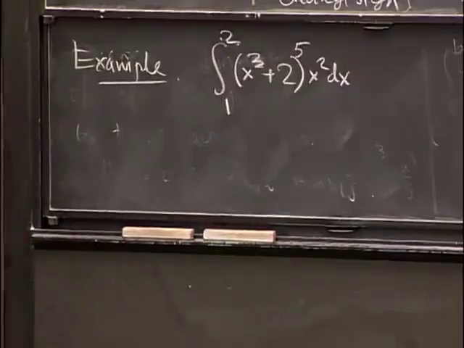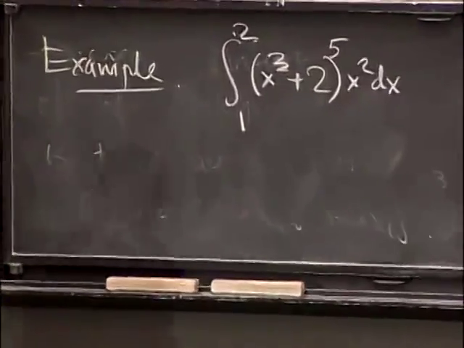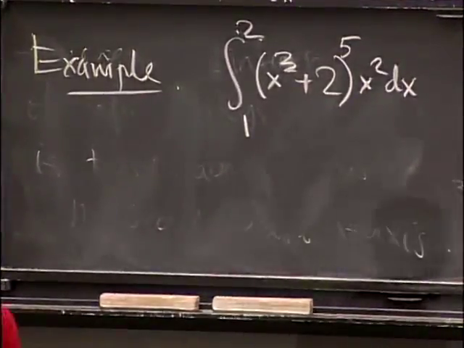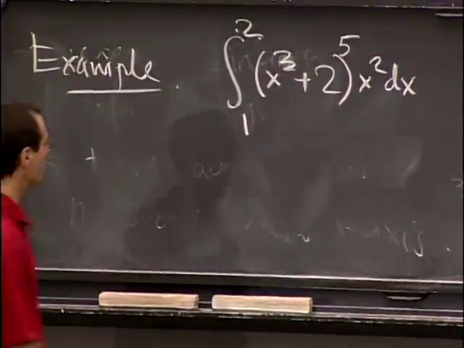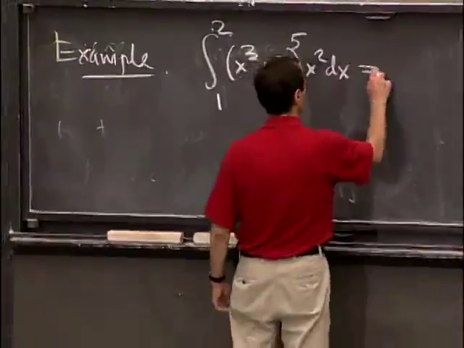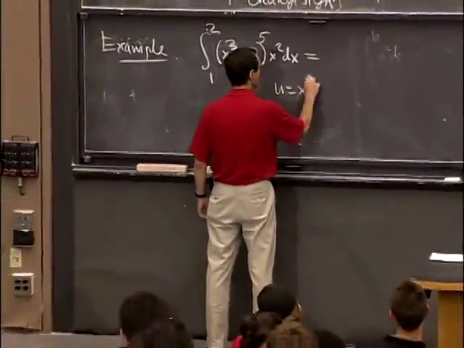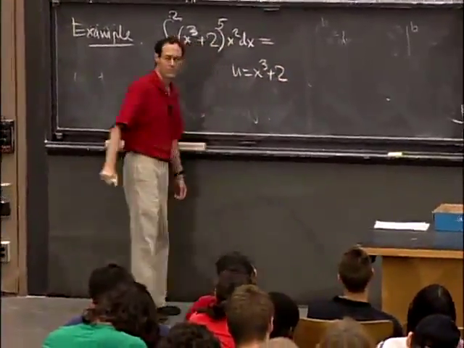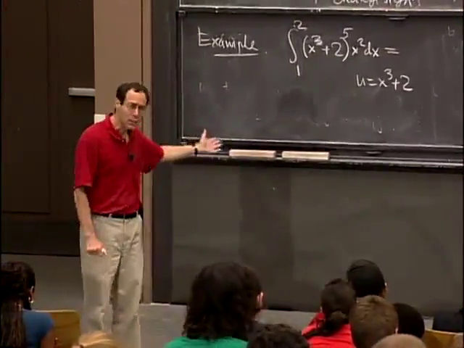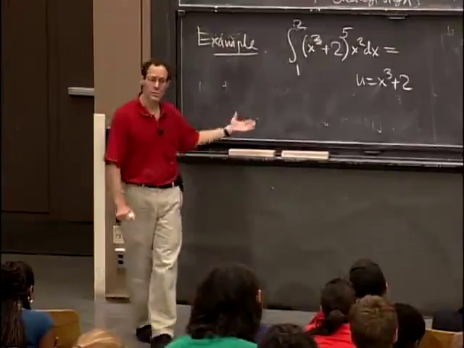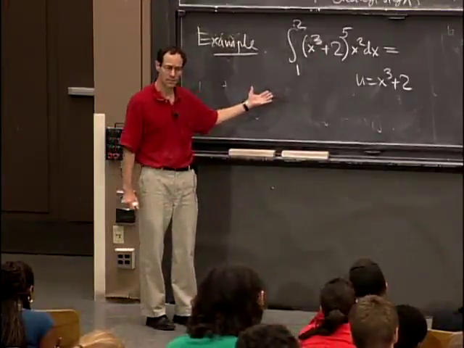This is an example of an integral that we would have tried to handle by substitution before. And the substitution we would have used is u equals x cubed plus 2. That's exactly what we're going to do here, but we're just going to also take into account the limits.